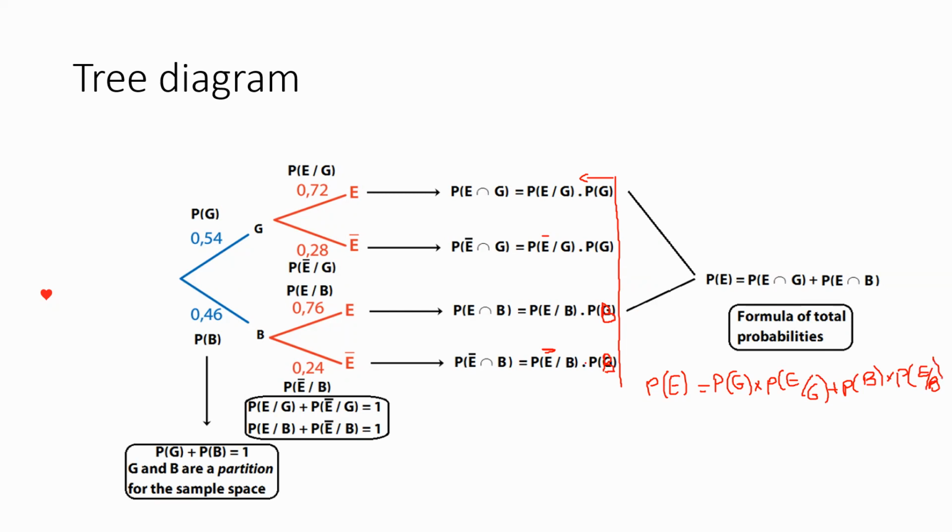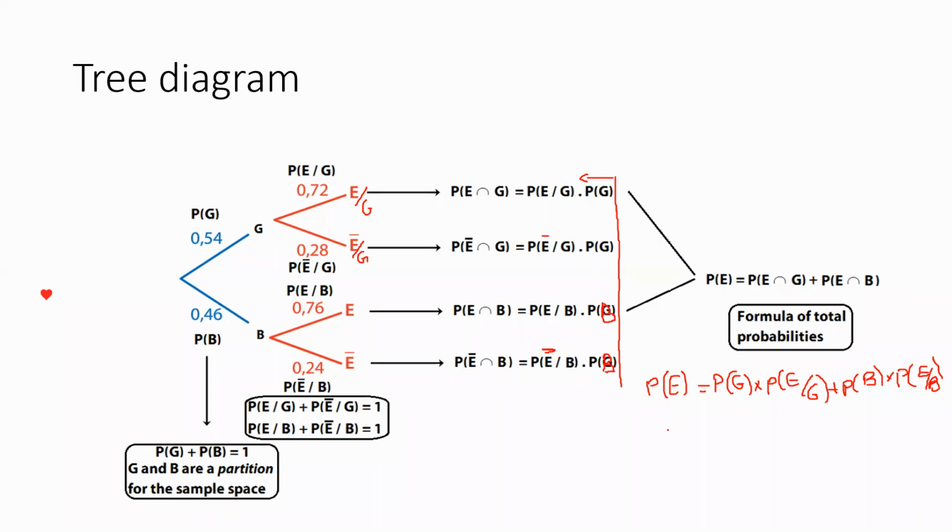Girl and external, G intersection E, can be calculated by this rule: probability G times E given G. E bar given G is also written.